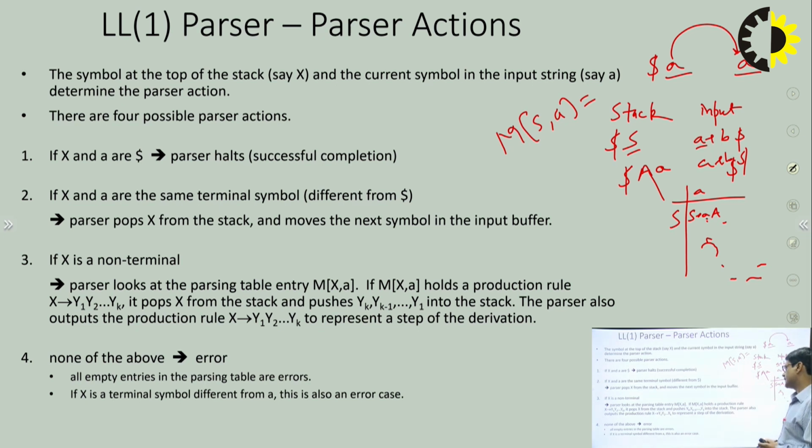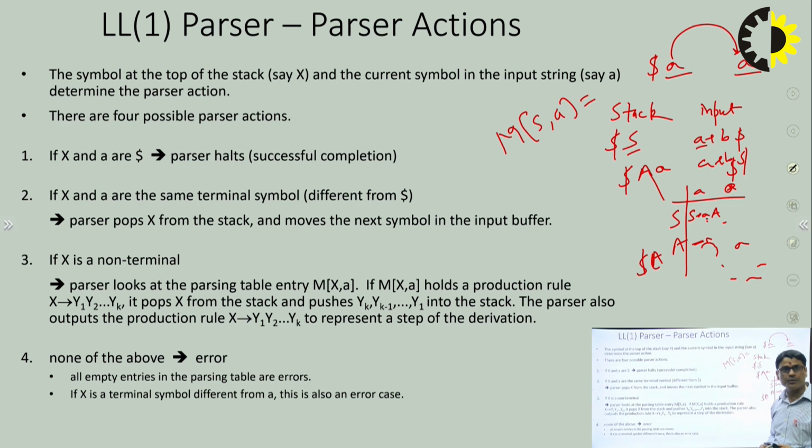If none of the above applies, suppose capital A is on the stack and small a is the input, and the table entry is empty. All blank entries are treated as errors. So there are four types of situation. If both the stack and the input symbol are $, it halts.